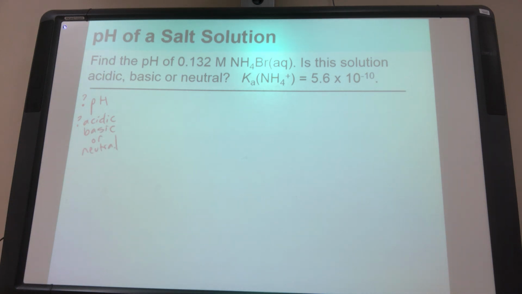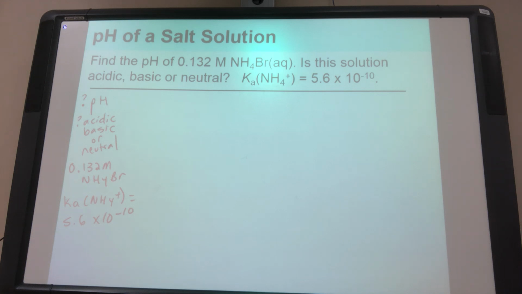I want to know what's going on. So what did they give me? They gave me 0.132 molar of my NH4Br, and they gave me the Ka of my NH4 plus, which is 5.6 times 10 to the negative 10. Alright, so that's what I have.